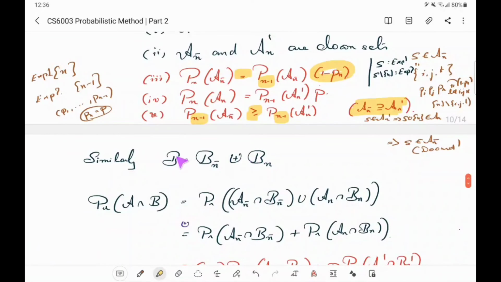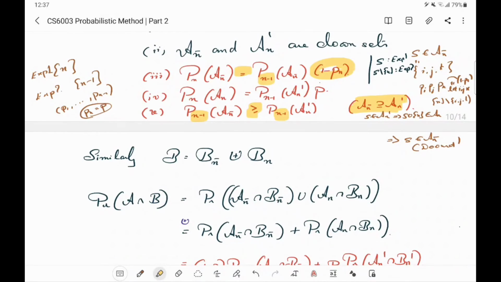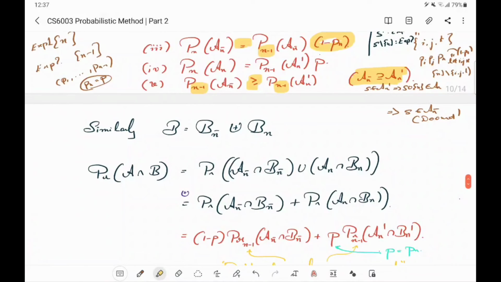Similarly, we can make the claims for the B also after partitioning it into Bn bar and Bn, and then massaging Bn to get a B prime n. Now we have to show that this probability of A intersection B is at most probability of A times probability B. That's our goal. The steps are very similar, but there are more algebraic manipulations than before.